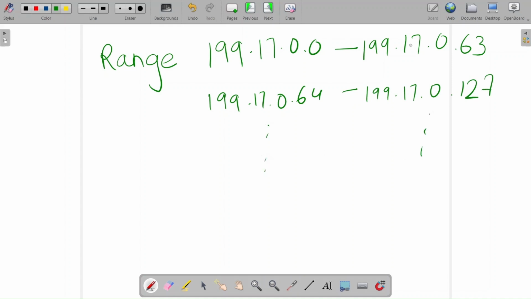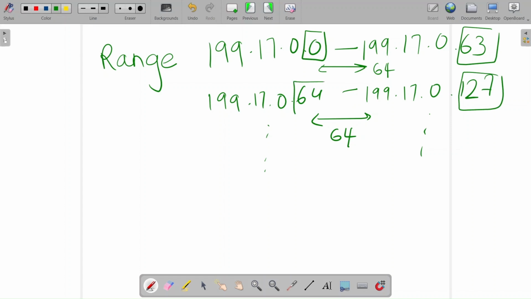How did I get this? Like I said, just refer to octet and increment. Why this distance? Because of 64, which we calculated, and the fourth octet. That is why it only increases by 64 in the fourth octet.